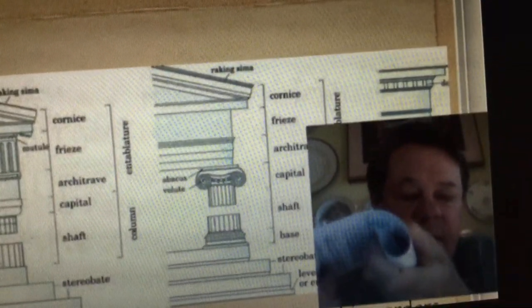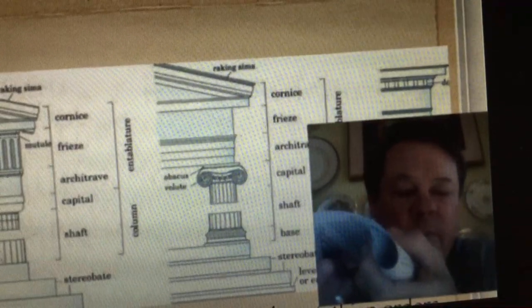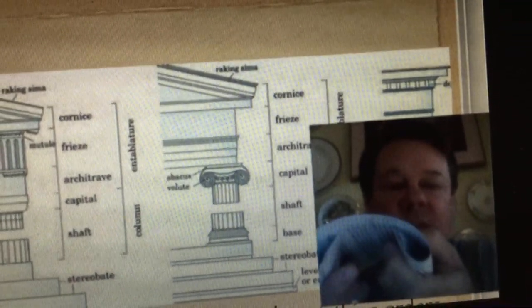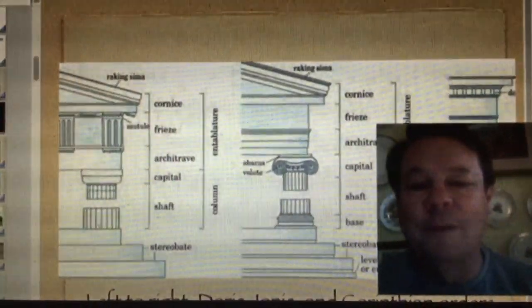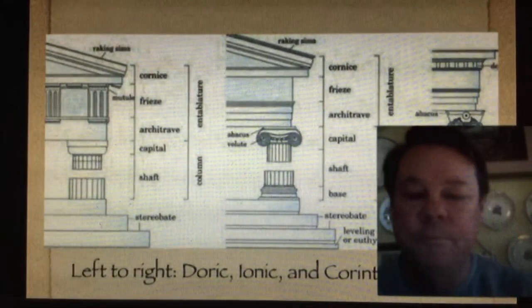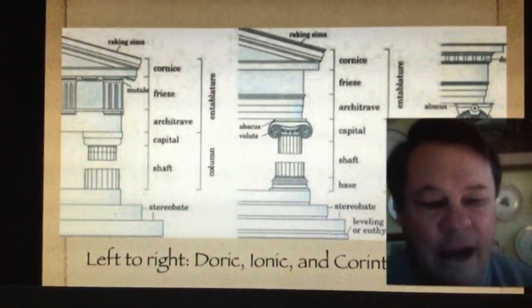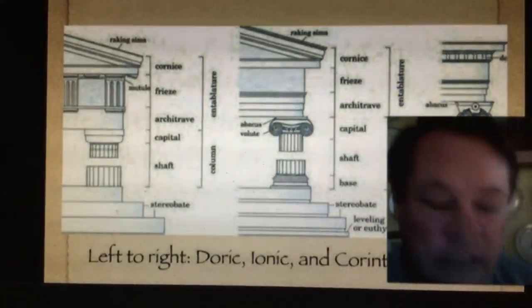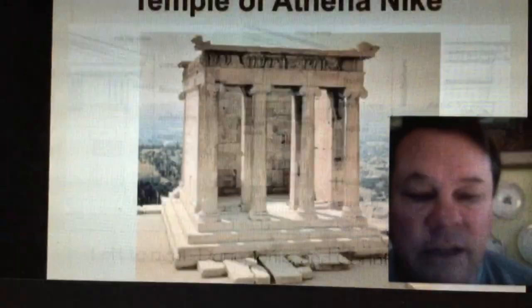You can see how that mimics the style of where they roll up a piece of paper, papyrus, parchment. That's how the Ionic style got its distinctive shape. And then the Corinthian using a very decorative thing with these acanthus leaves that were part of the landscape there in ancient Greece.